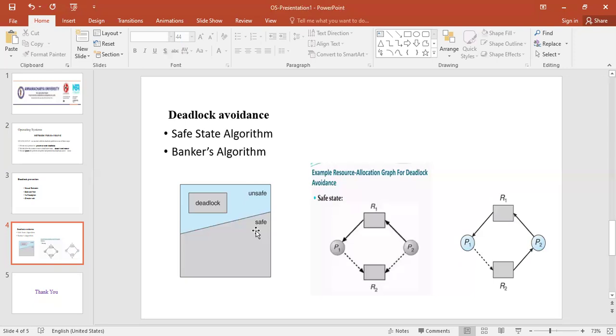At that time, the first process holds only some resources, the remaining are held by the second process, and whatever is still available will be allocated to the last process. So based on this, if it satisfies the safe state condition, the allocation will be made.